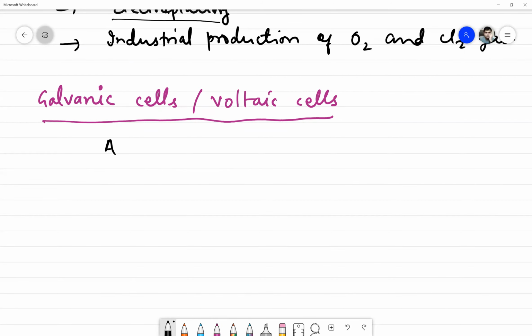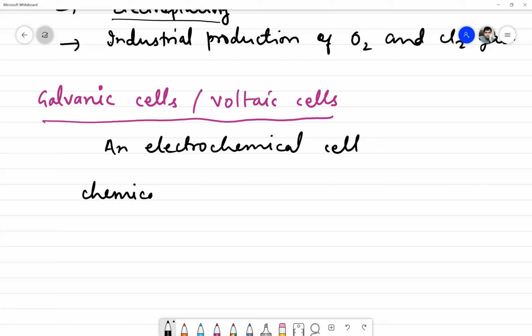These are also electrochemical cells which convert chemical energy to electrical energy.